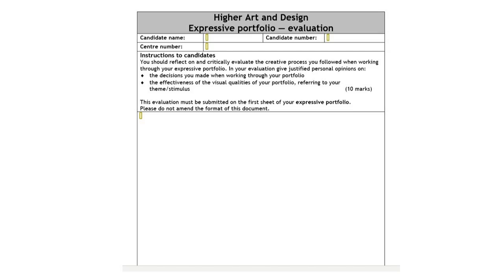Okay, let's look at the second bullet point where it talks about the visual qualities of your portfolio, referring to your theme or stimulus. Pick your title very carefully, and then when you write the evaluation, you're explaining how well you met that suggestion that was in the title and in the imagery.